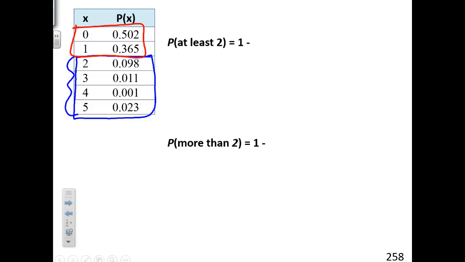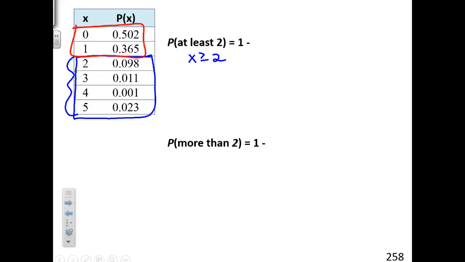Let me write that in blue. The reason why we're doing 1 is because the whole thing adds up to 1. We're finding the complement of the at least 2. So x is greater than or equal to 2. That would be 2, 3, 4, and 5. The calculator won't add those for you, but it will add 0 and 1.